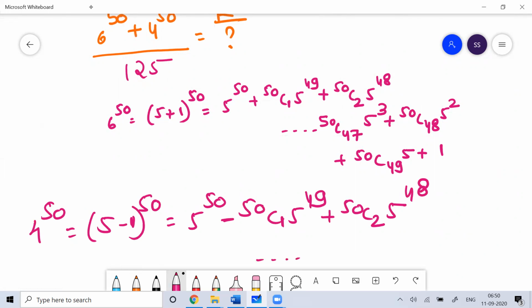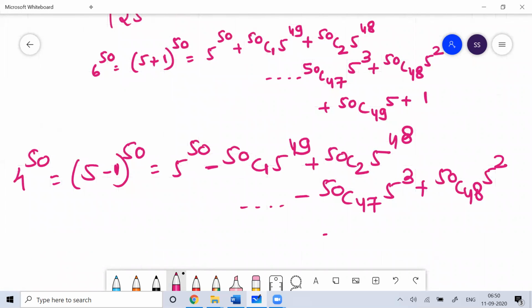So like this, minus 50C47, 5 to the power 3, plus 50C48, 5 to the power 2, minus 50C49, 5, plus 1.